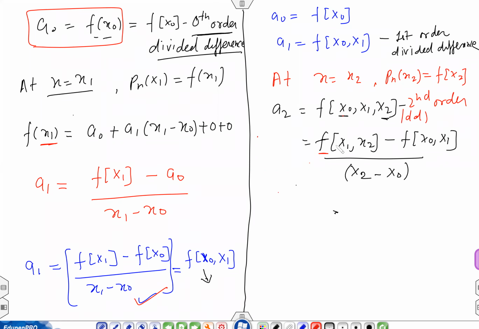Similarly, you can compute the value of f[x1, x2] by this formula: f last value minus f first value upon x2 minus x1. Similarly, you can compute f[x0, x1]. So this is the procedure of how we are computing. If you have any doubt till here, then ask, otherwise I will continue.